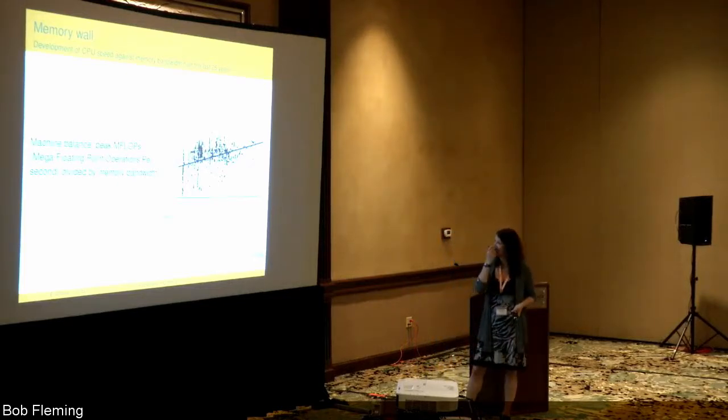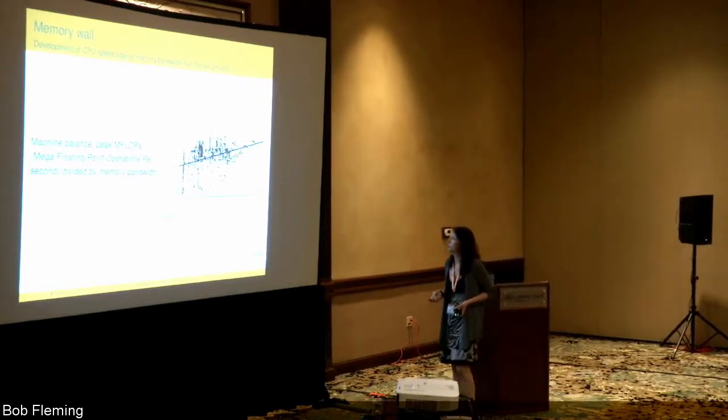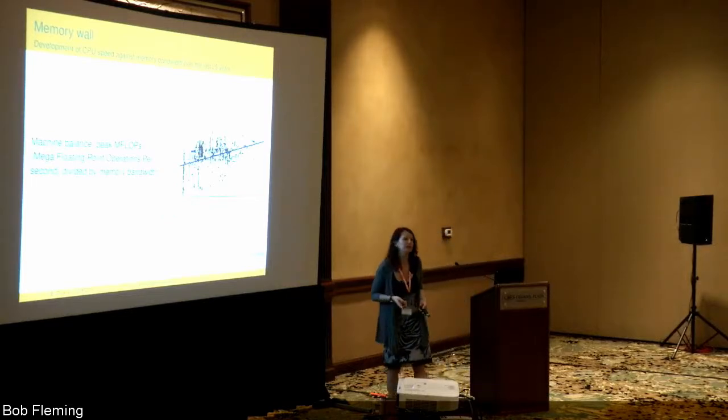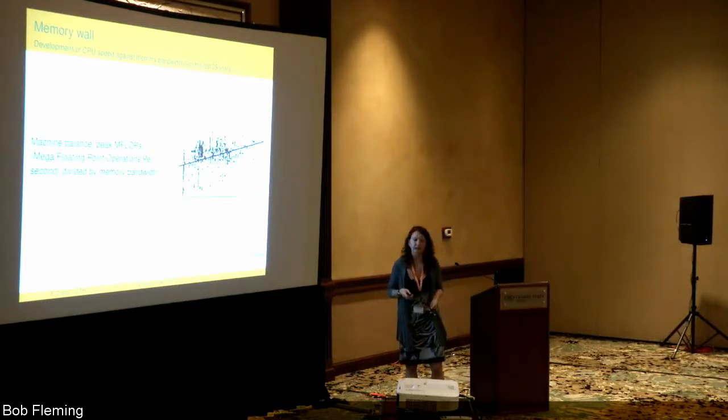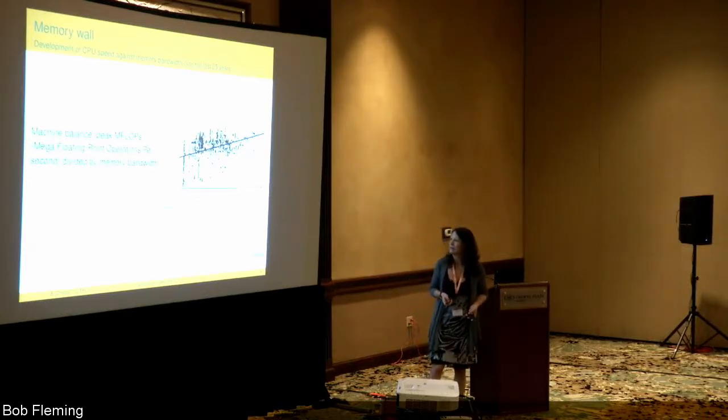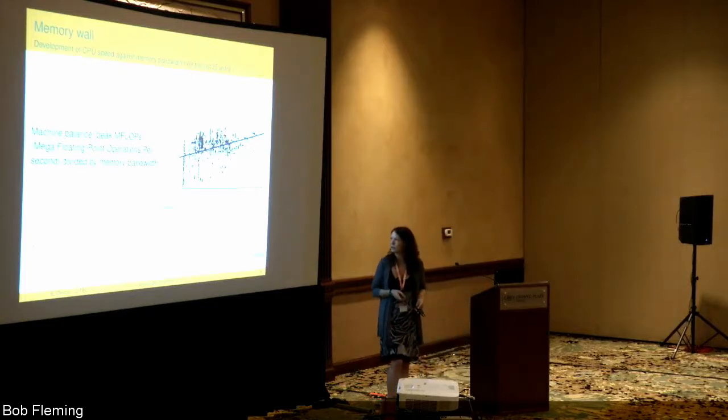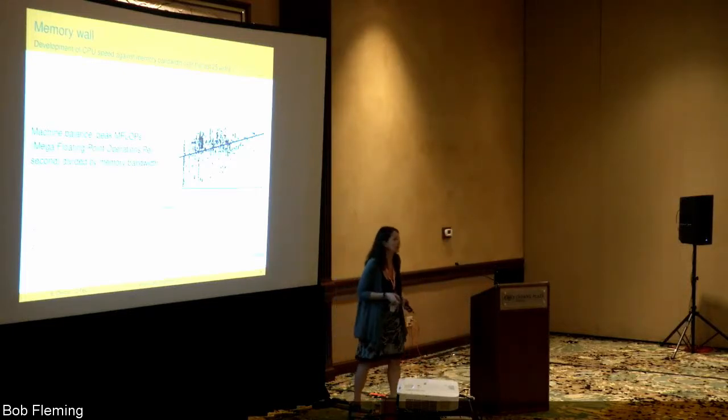This is the development of CPU speed against memory bandwidth over the last 25 years. My pointer stopped working. This is an exponential scale, this is the 25 years, and you see this line, which is a good fit of the data. What that means is that the imbalance between CPU and memory transfer speed has been growing exponentially.